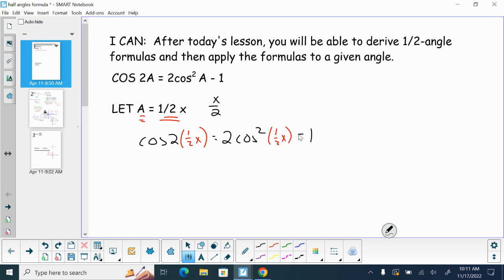On the left-hand side, if I multiply 2 times 1/2, they go bye-bye. We have the cosine of x is equal to 2 cosine squared x over 2 minus 1.